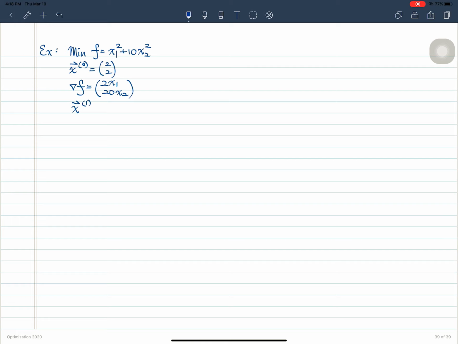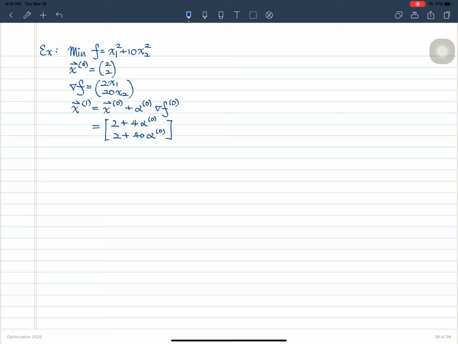So we have this plus some alpha times gradient f0. So what we have here is 2 plus 4 alpha_0 and 2 plus 40 alpha_0. Right? We should have this, the gradient for 4 and 40.